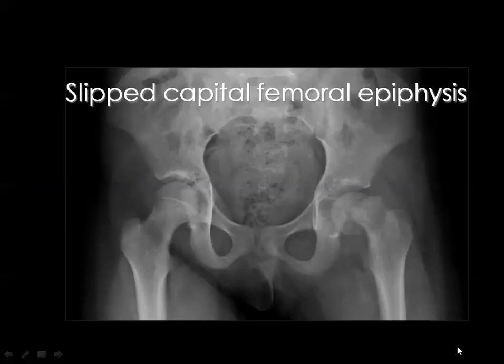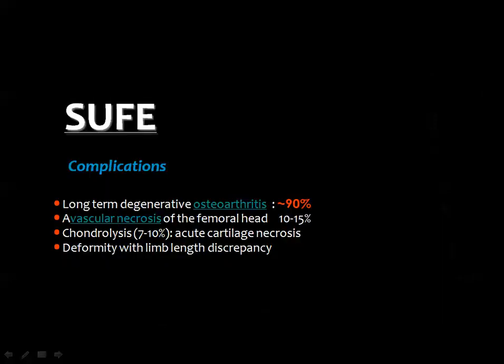And this is also slipped capital femoral epiphysis on the left side, clearly seen in the frontal radiograph of the pelvis. The complications of slipped capital femoral epiphysis may include osteoarthritis of the hip, avascular necrosis of the femoral head, chondrolysis, acute cartilage necrosis, and deformity with limb length discrepancy.